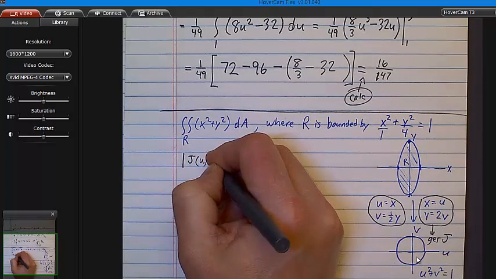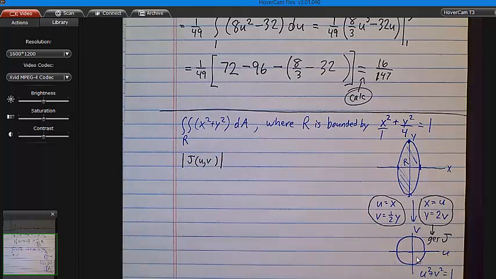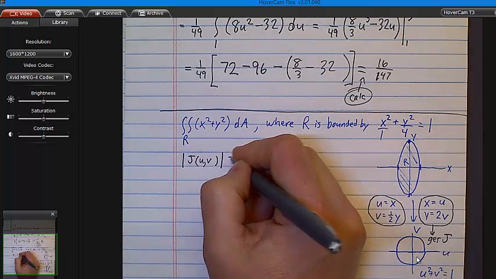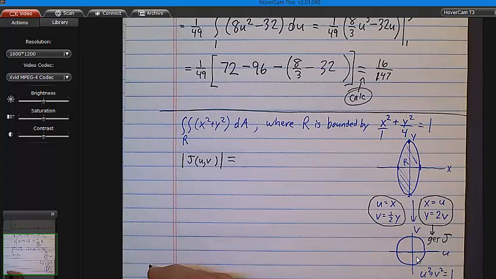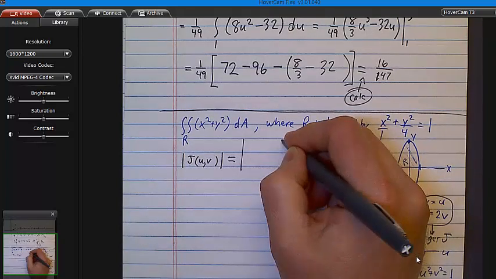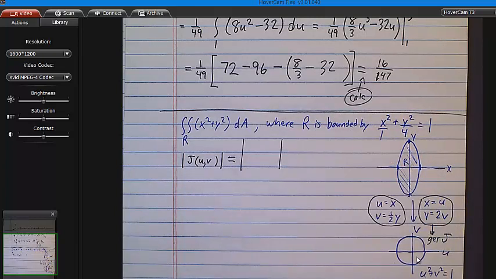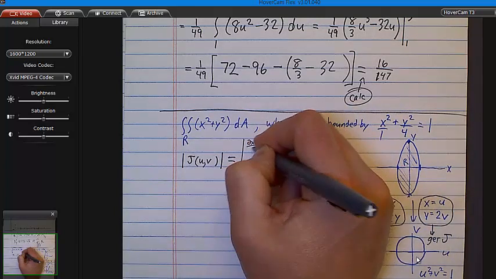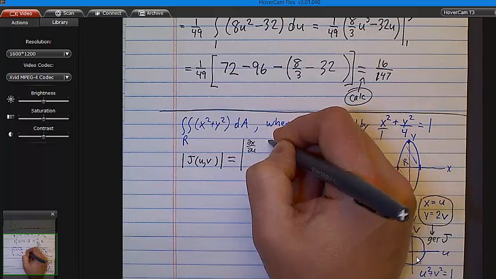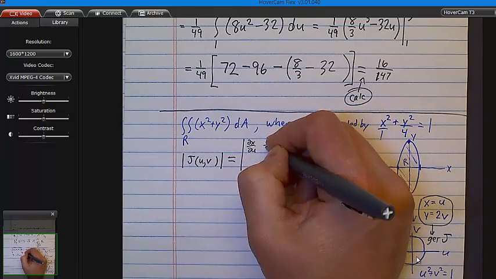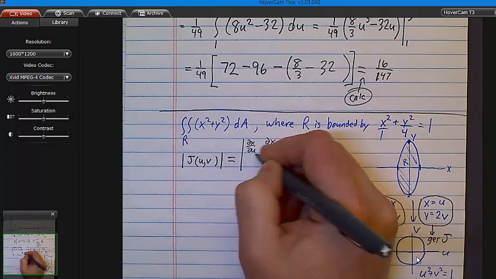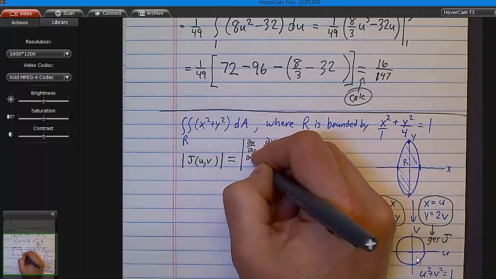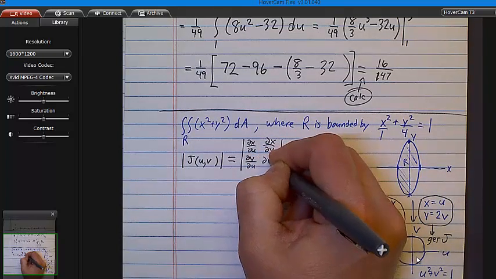The Jacobian is a function of u and v in general, although this is another example where it works out really nice. It's the determinant of partial of x with respect to u, partial of x with respect to v, partial of y with respect to u, and partial of y with respect to v.